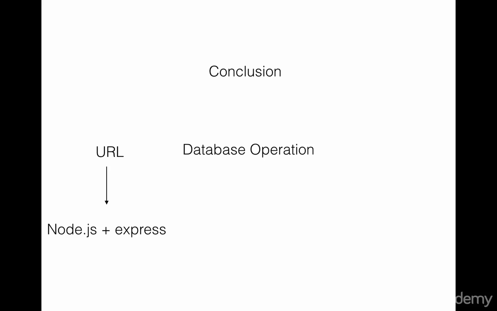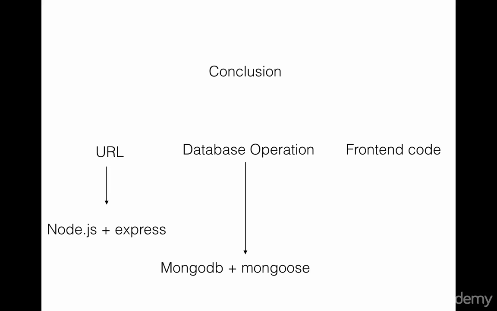So the conclusion for this epic HTTP saga is that at the end of the day, you will only write URL routes, which is Node.js plus Express, database operations, which is MongoDB plus Mongoose. Mongoose is a library, I will explain it to you later on, don't worry. And last is front-end code, which is HTML, CSS plus jQuery.